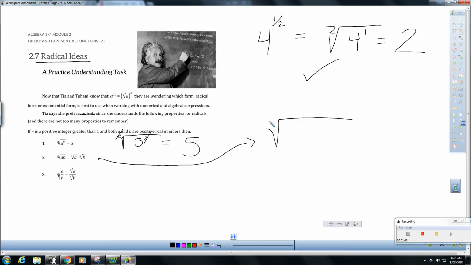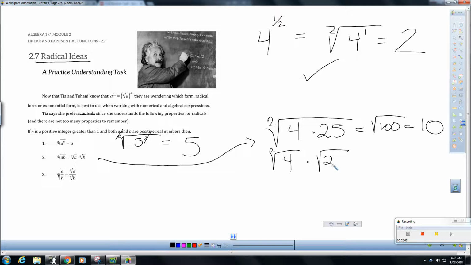What's the square root of 4 times 25? Well, what's 4 times 25? 100. So we know that the square root of 100 is 10. But let's use the rule. That should be the square root of 4, keep in mind we don't need to write the 2 here because mathematicians are lazy, so they've just started writing that as this.